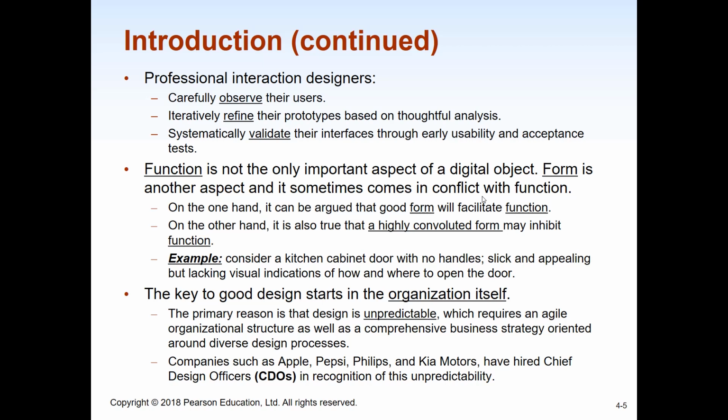So the primary reason is that design is unpredictable. We cannot sit as programmers at our offices and say, yes, the user will use this and this and this and he will be satisfied, and that's it, without doing proper requirement specification and evaluations.